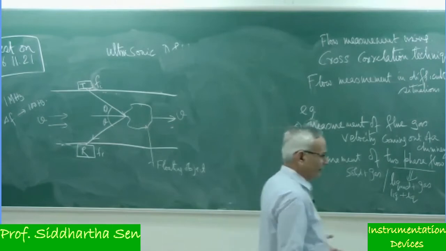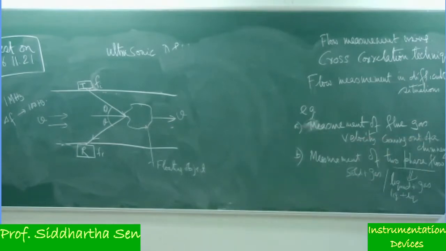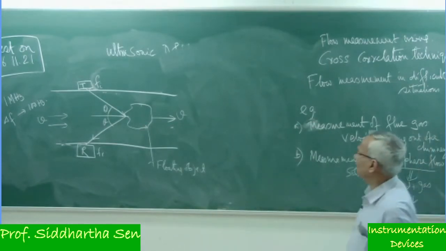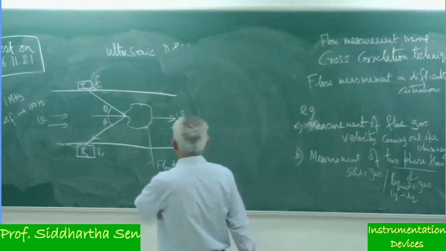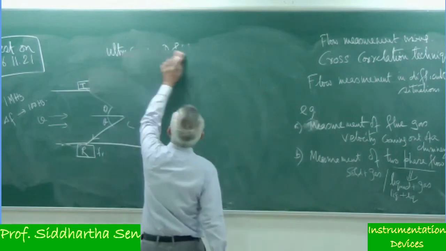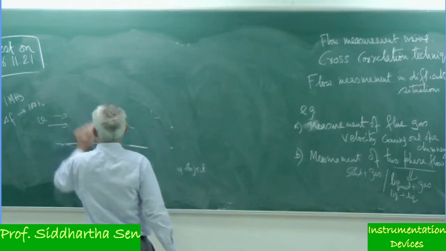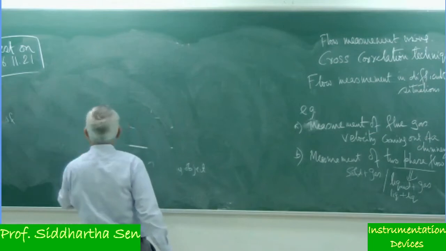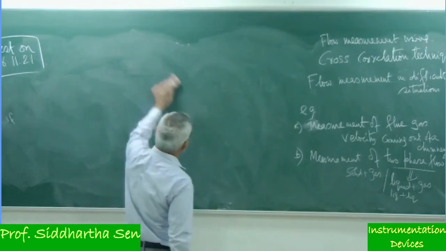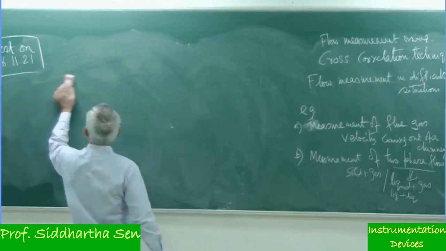But what is the density here? It is not known, because it is a mixture of liquid and gas. It depends upon what we call the void fraction, how much void or how much air is there, and that is an important thing.